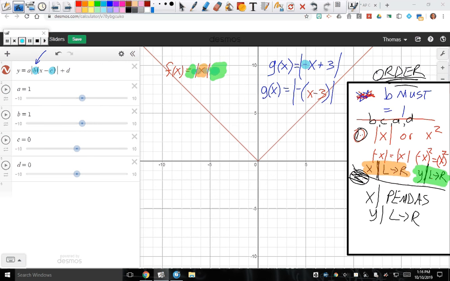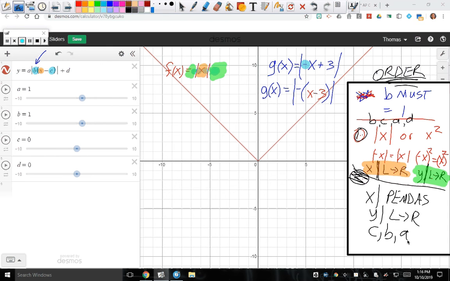PEMDAS wise. In other words, if you were where x is at right now, what would be done to you first, PEMDAS wise? C. Yeah, parentheses. So this one would be C first, and then what? And then B, and then what? A and D.